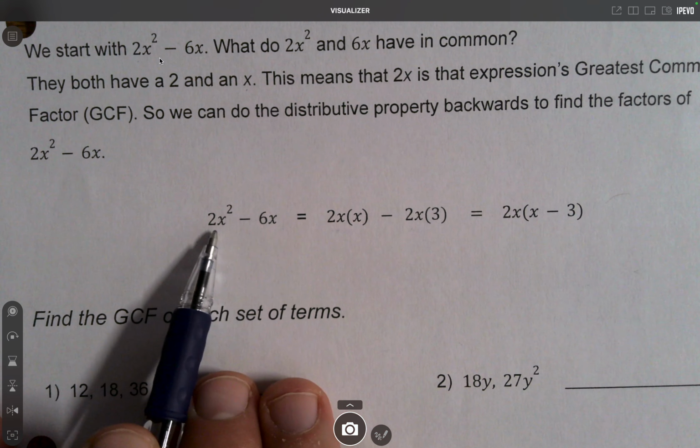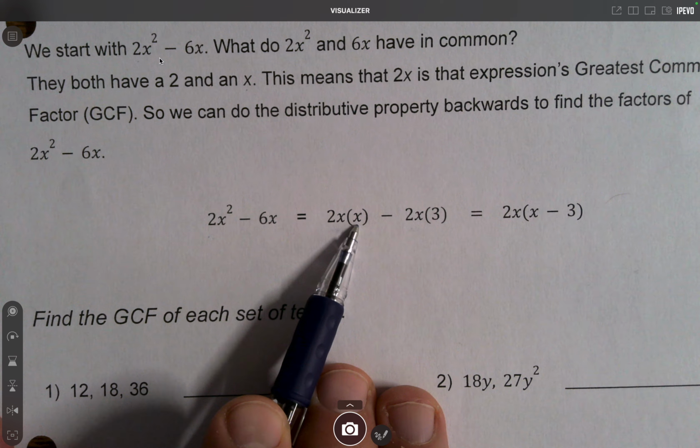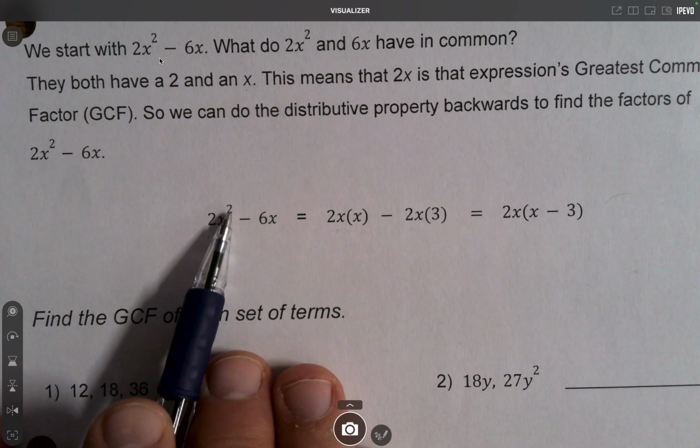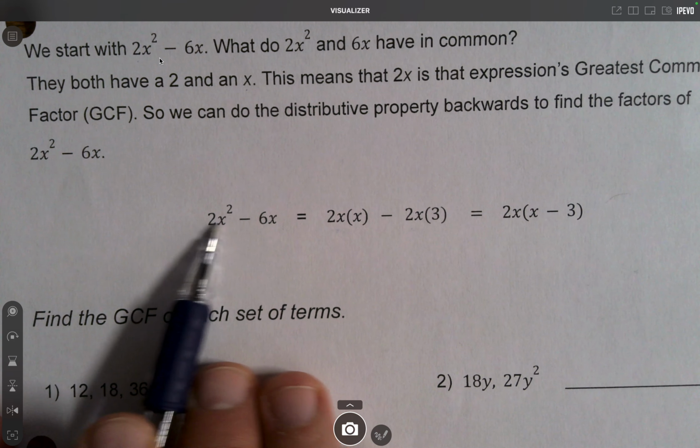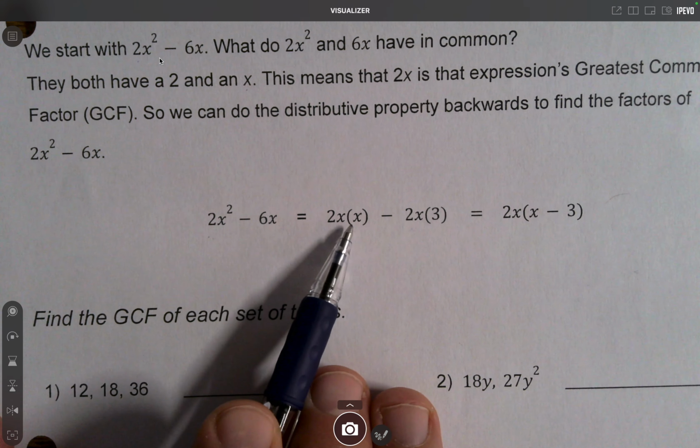If you pull 2 and x away from this one, it leaves just one x behind, because there were two x's, x times x. We took one of them out, so there's one x left behind. Now here, 6 divided by 2 is 3, and we pulled that one x outside, so it's just a 3 left over.